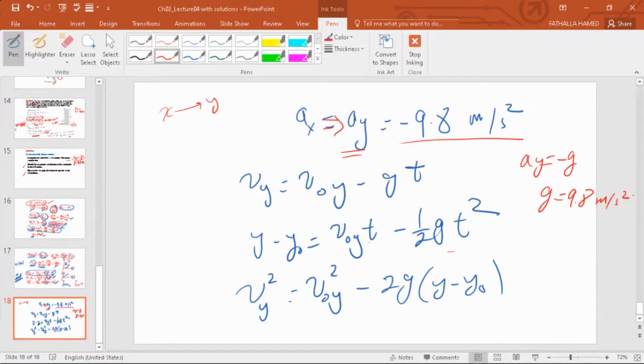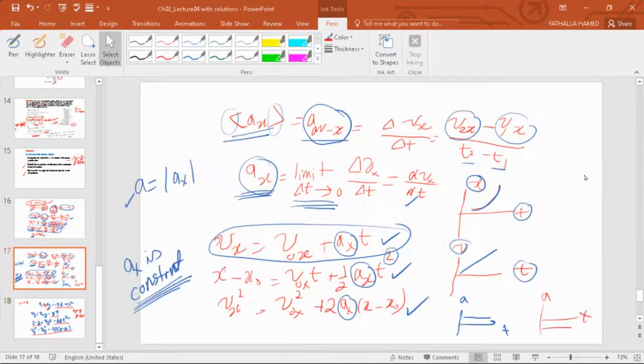So all of the equations that were developed, we change the ax into ay. So you have Vy is equal to V0y minus gt. Y minus y0 is equal to V0yt minus 1/2 gt squared. It should be ay here, plus 1/2 ay, but the ay is equal to minus g. And Vy squared is equal to V0y squared minus 2g times y minus y0.